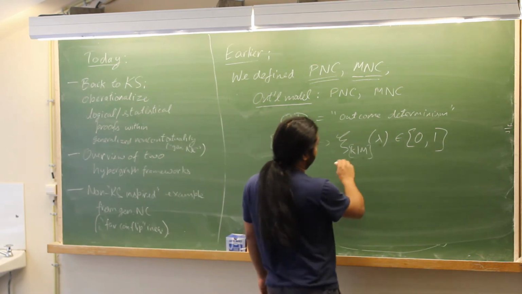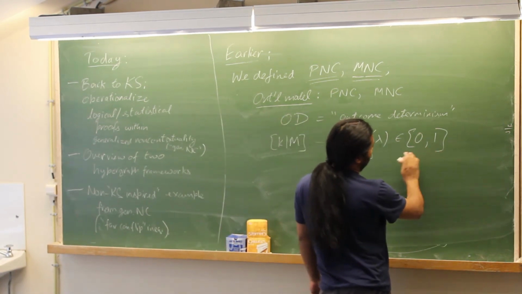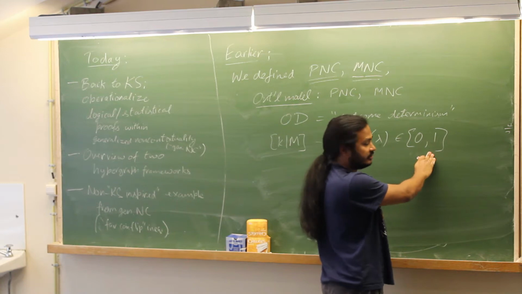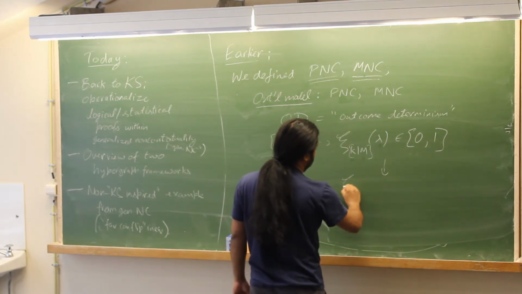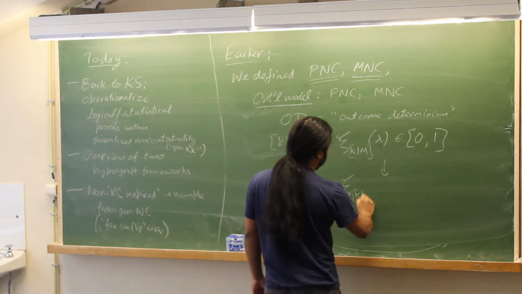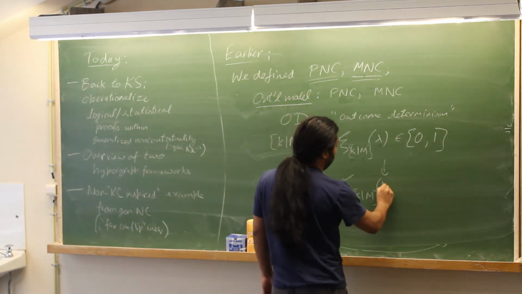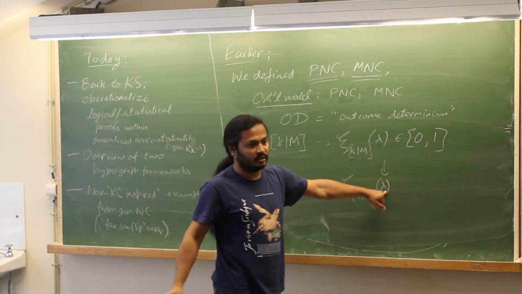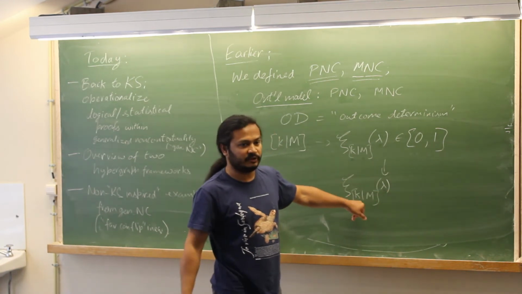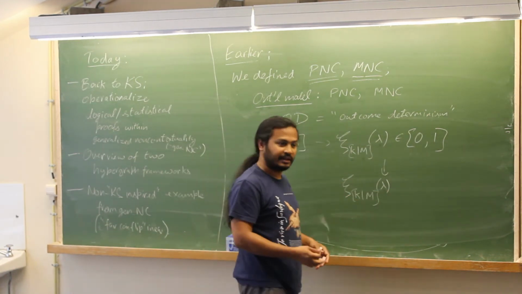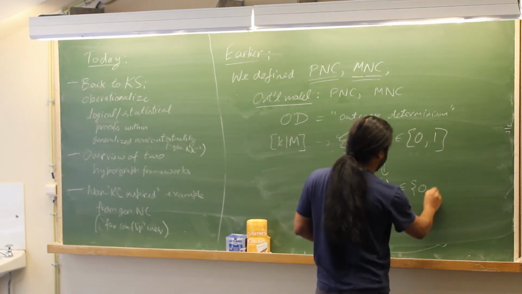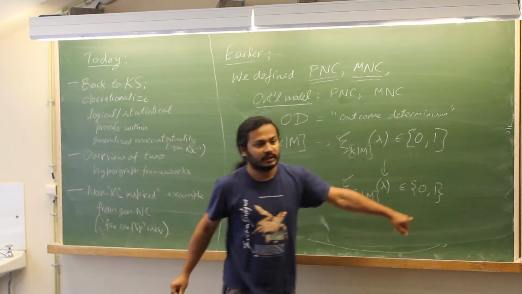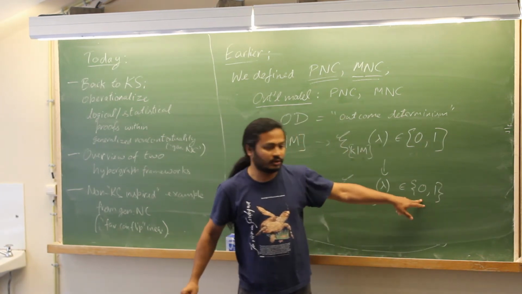We don't want to allow arbitrary probabilities for this, but we're going to insist that given your knowledge of lambda, you know exactly which outcome is going to happen with this measurement. So lambda in some sense contains complete information about the measurement outcome, so that these probabilities are deterministic, they're 0 or 1.